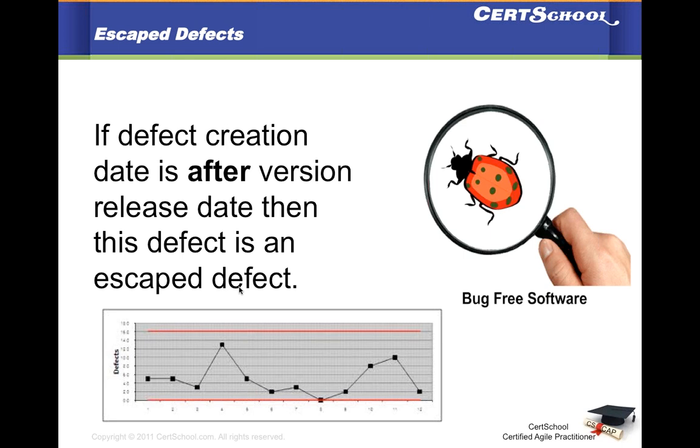Also, an important thing to keep in mind in Agile is that the role of QA is not to find bugs. It is to prevent them. This is a very important change in the mindset.